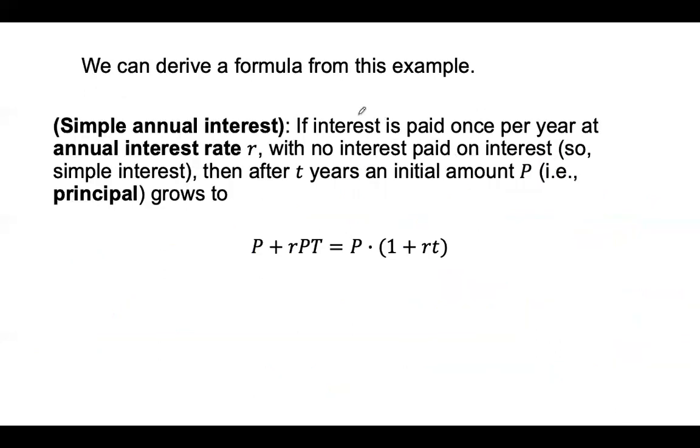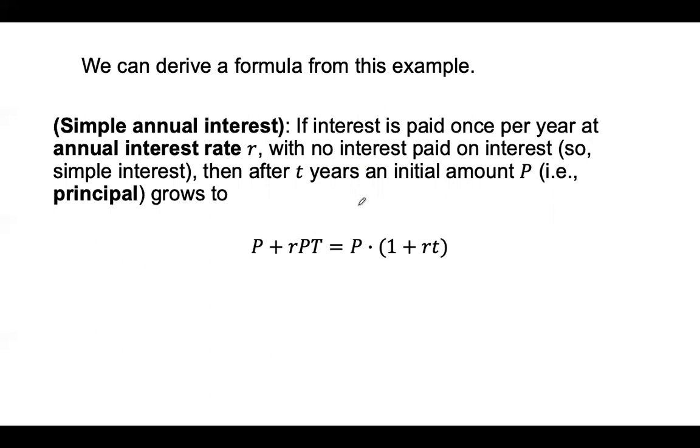So essentially, you can derive a formula with simple annual interest. If interest is paid once per year at an annual interest rate, with no interest paid on the interest, so we don't get interest on our interest, this is called simple interest.